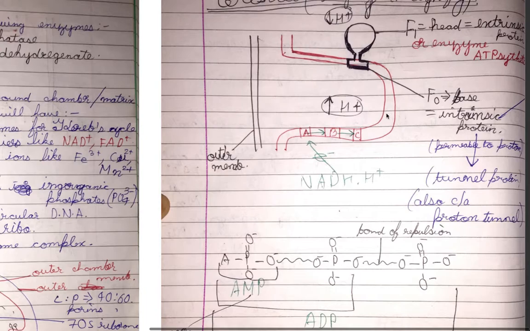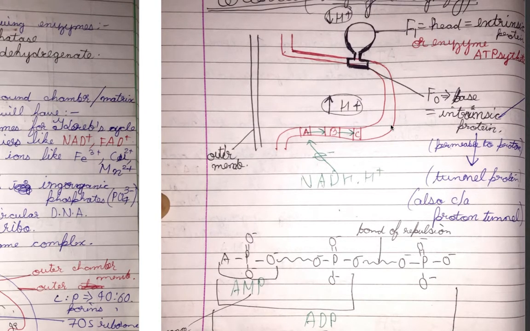Now cristae. A highly magnified diagram of cristae is here. Protons come to the inside of the cristae through this membrane, and the energy required for this transport of protons is taken from the breakdown by the Krebs cycle, and it increases the proton gradient inside.